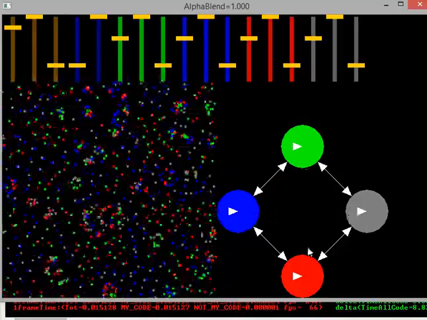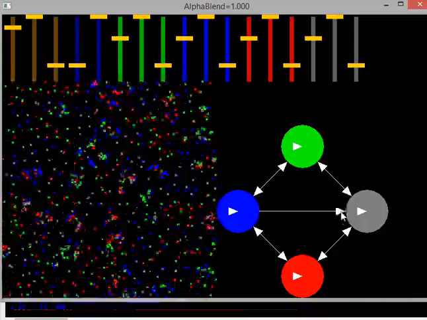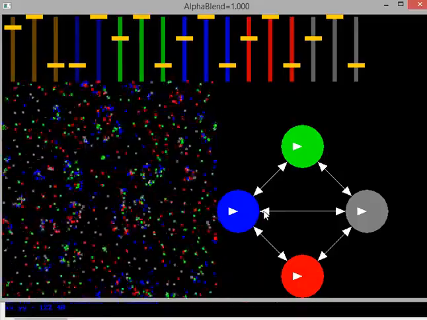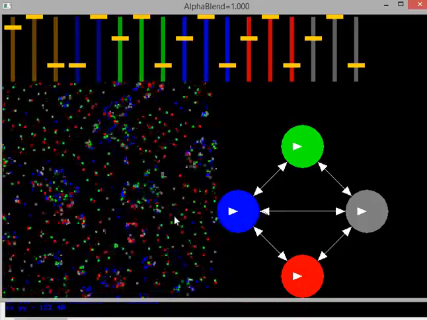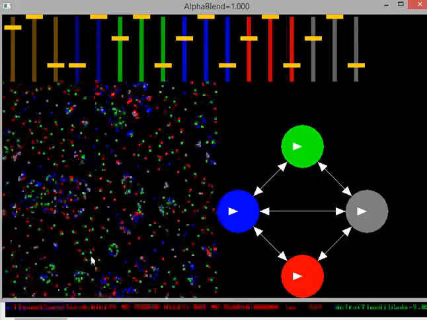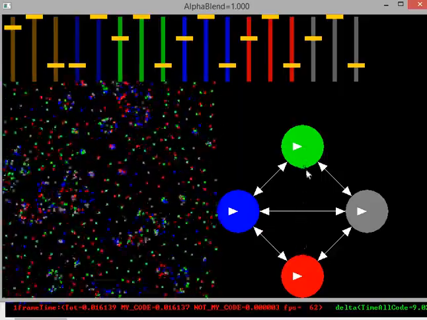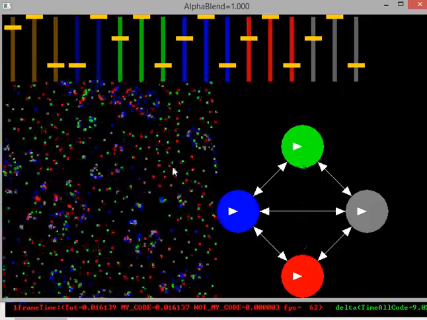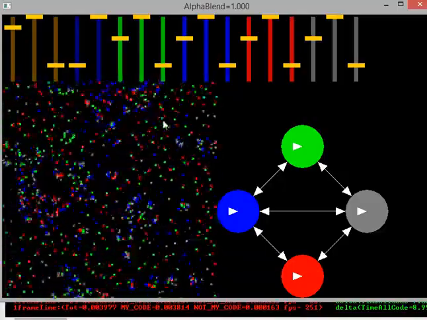There's still no link here. Let's add some links between blue and gray. Okay, now the blue and the gray clumps disappeared. Or sorry, the space, the nutrients of the blue and gray disappeared. But we still have no link between green and red, so they are happy sitting next to each other to fill in the space where there's no clumping involved.